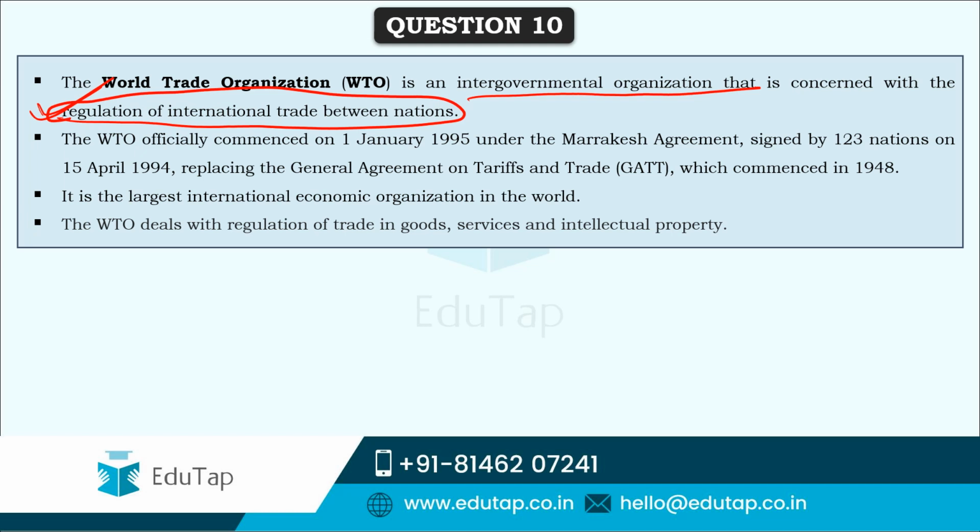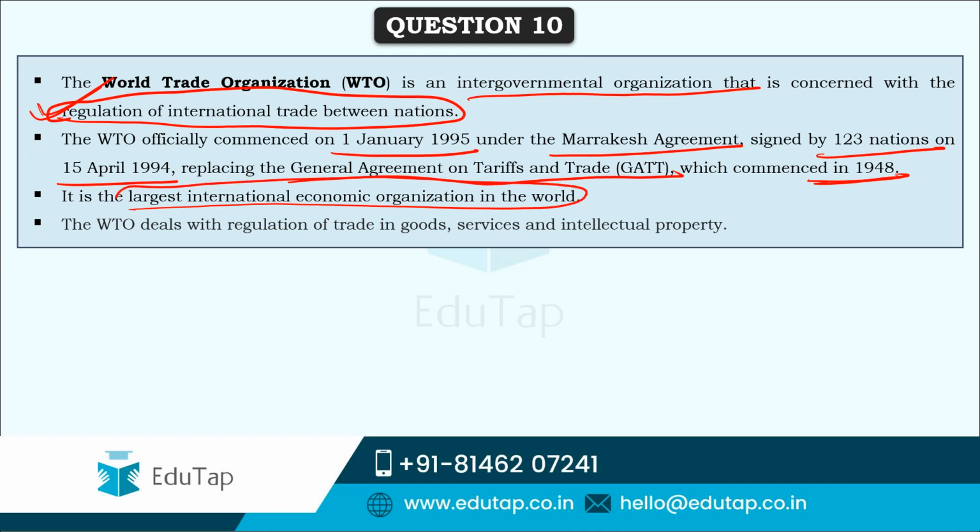It commenced officially on 1st Jan 1995 under the Marrakesh Agreement, which was signed by 123 nations on 15th April 1994, and it replaced GATT, the General Agreement on Tariffs and Trade, which commenced in 1948. This is the largest international economic organization in the world for trade purposes, and it deals with the regulation of trade in goods and services and even intellectual properties. So this is about WTO.